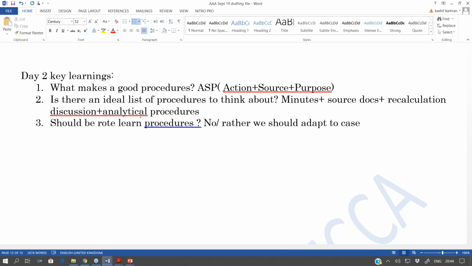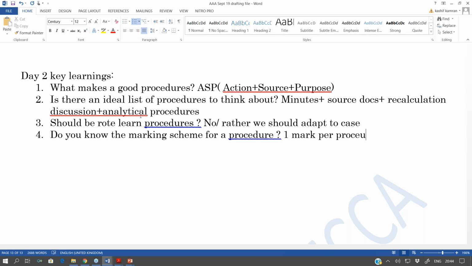Okay. Last thing from procedures. Do you know the marking scheme for a procedure? Yes. And what's that? It's 1 mark per procedure. Okay, that completes procedures, right?